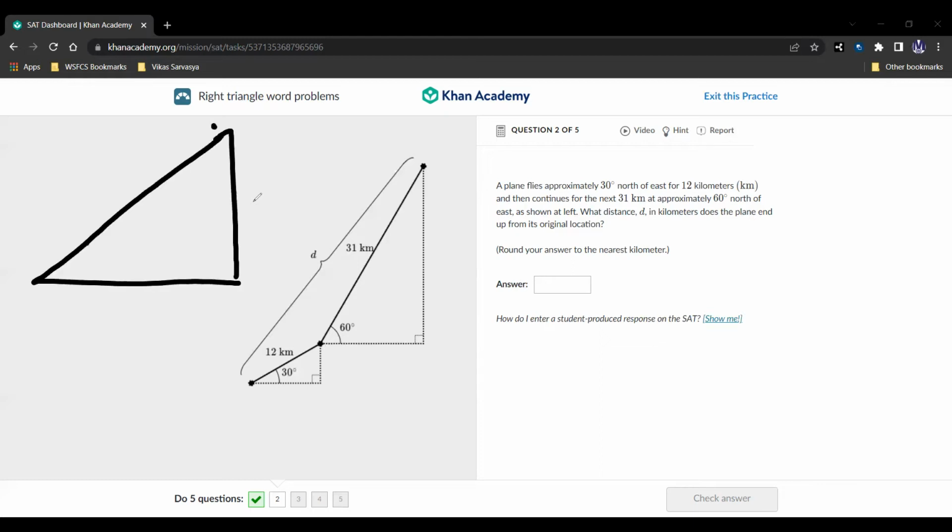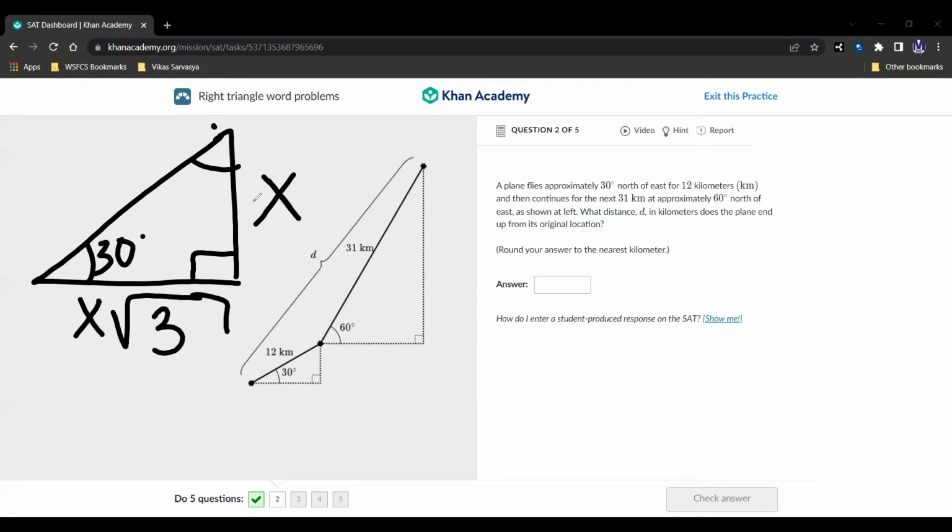So this is going to be the 30 degrees, and this is the right angle, and this is the 60 degree. And we have, say, x right here. That side length is x. The one opposite the 60-degree angle is going to be x root 3, and the one opposite the 90-degree angle is going to be 2x.